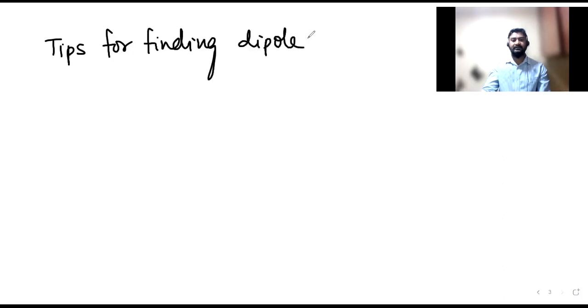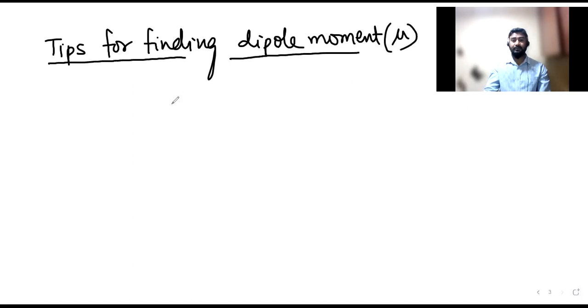So let's go to the next page now. These are the tips for finding dipole moment. I'm going to give you some tips to find dipole moment. Let's do it. I'm going to list down some very important statements.